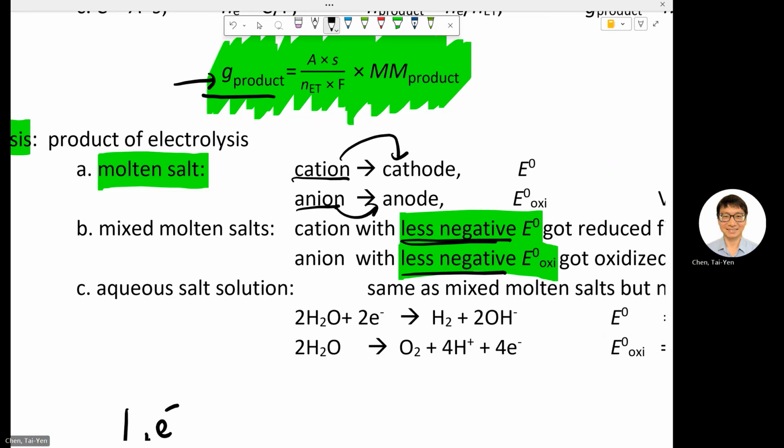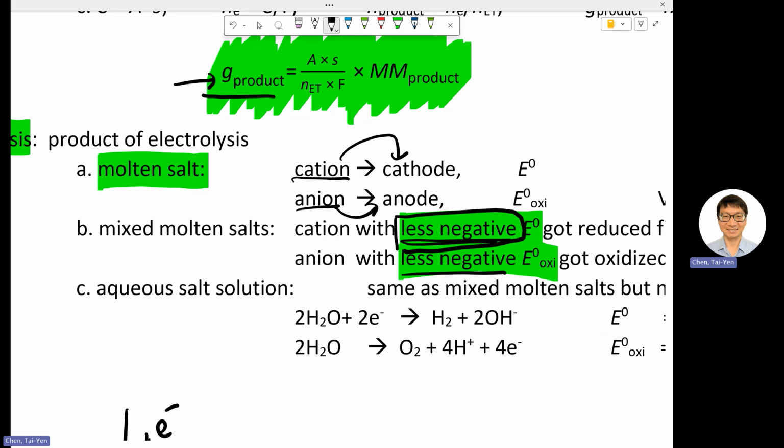Okay, so less negative is the thing we're going to pay great attention to in the next 10 to 15 minutes. So that's the second condition.